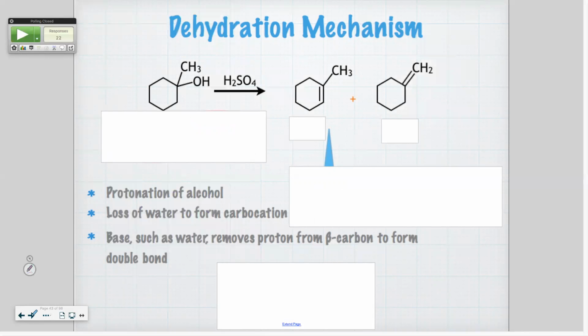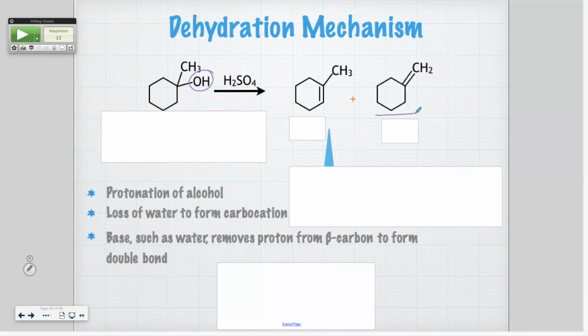Okay, so look at this compound. This is a ring compound. We're going to go through the whole mechanism with this one. So here we have our alcohol. Here's our OH, and we're going to lose water. So where do you think the H will come from? Well, if it comes from up here, that gives us this one.